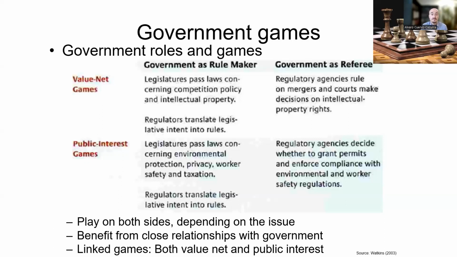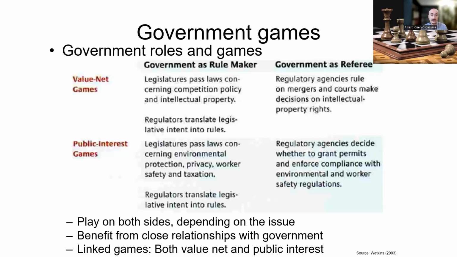And then the alternative is the role of the government as referee, and we already have these environmental regulations. Can you please enforce them, implement them so that companies are going to be behaving the way they should be behaving according to the law? So this is the story. This is how we have to start thinking about government games. Government acting in two different roles and having two different alternatives.